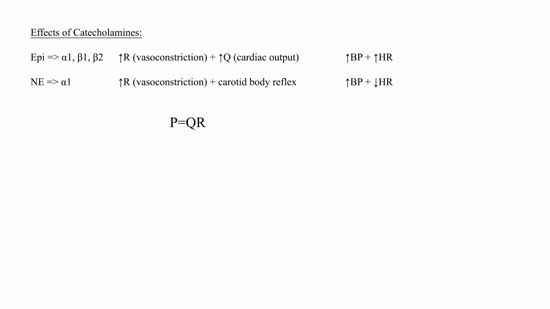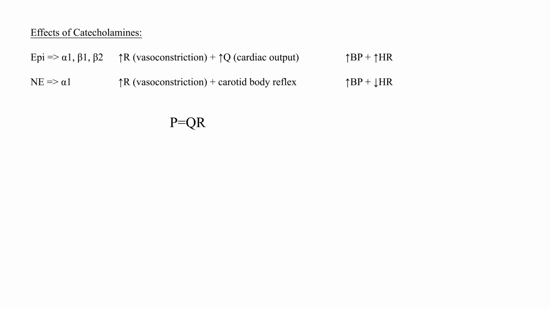And you'll see this if you're ever shadowing an anesthesiologist and you need to use these drugs. Pay attention and notice that these effects are very strong and immediate. So norepinephrine will do the opposite of epinephrine. It will actually slow the heart down.